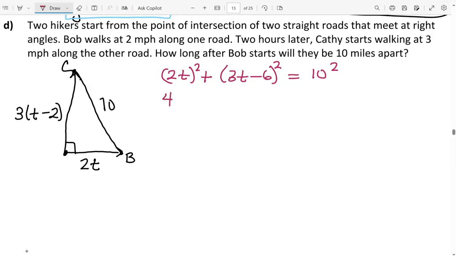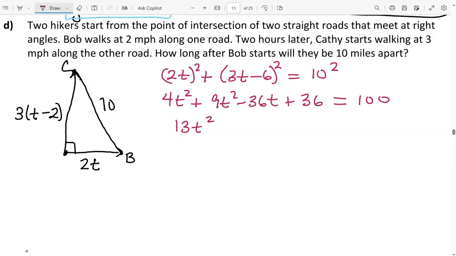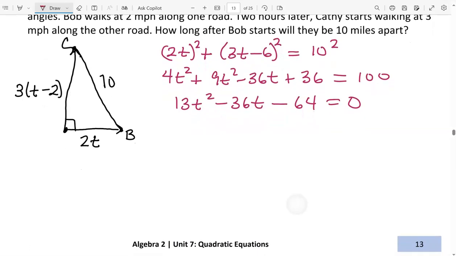So 2t squared is 2t times 2t, or 4t squared. 3t minus 6 squared is 9t squared minus 36t plus 36, and 10 squared is 100. So now we have 13t squared minus 36t, and if we subtract 100, we'll have minus 64 equal to 0.